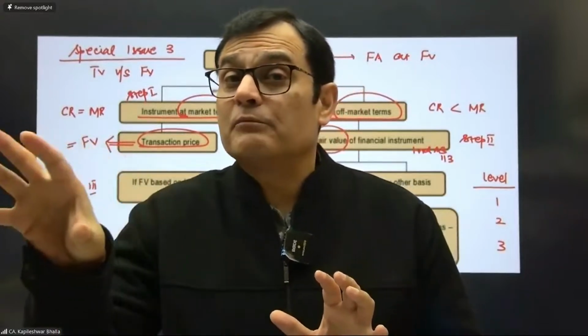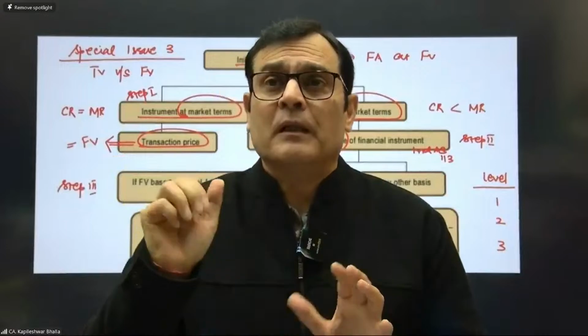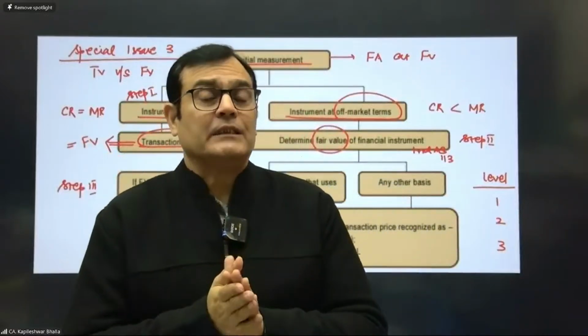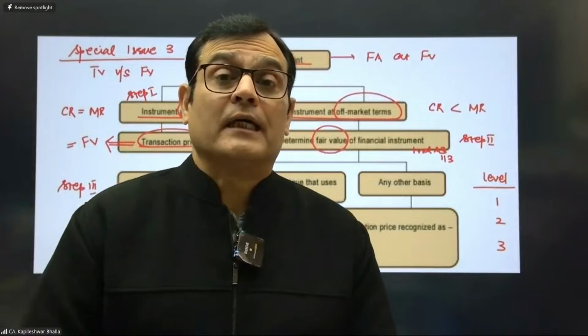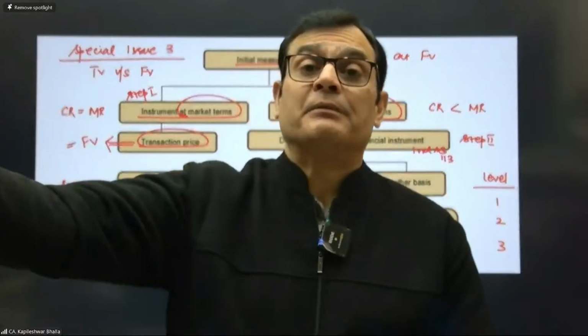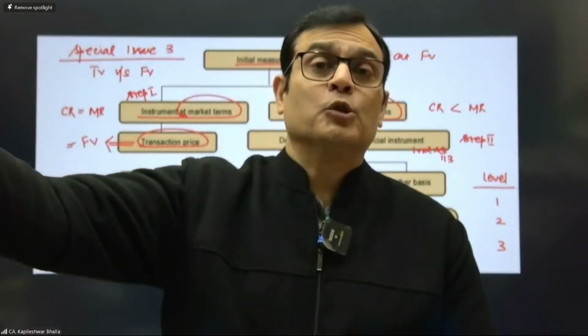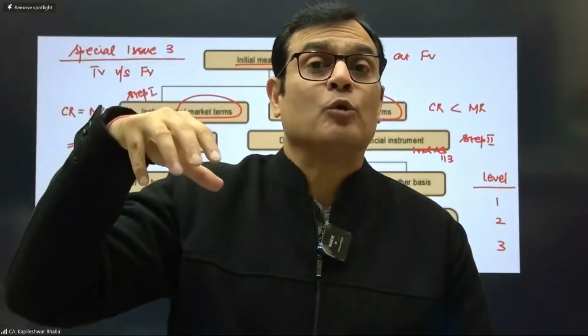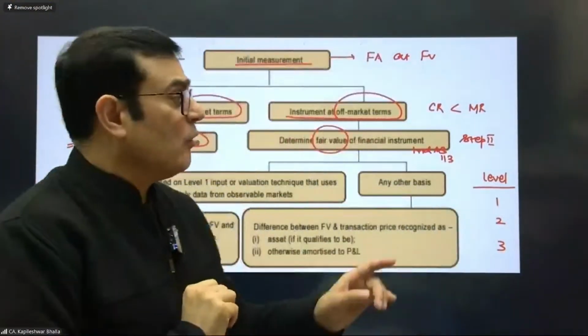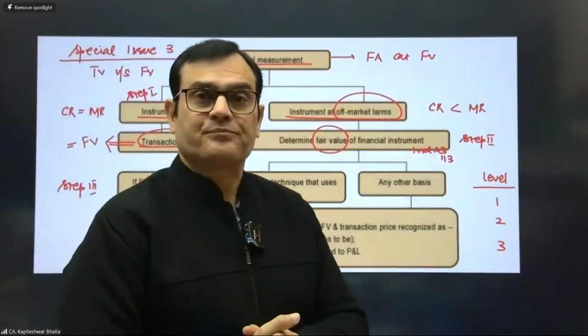So it is not directly observable, but it is still indirectly observable because you are taking the observable data of another identical company which is listed. And you will make some adjustments to calculate the fair value for the company in question. So this is what is called a level 2 input.